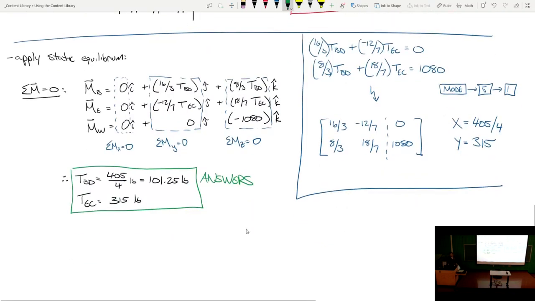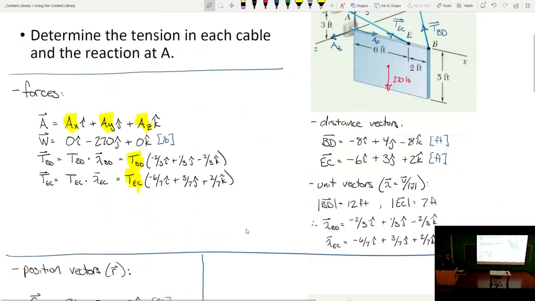So now, think about this conceptually. We have determined the magnitude of these forces to ensure that moment equilibrium is attained. But what about force equilibrium? We need to sum forces as well, right? How many forces do we have on this problem? Let's go back to the very beginning.